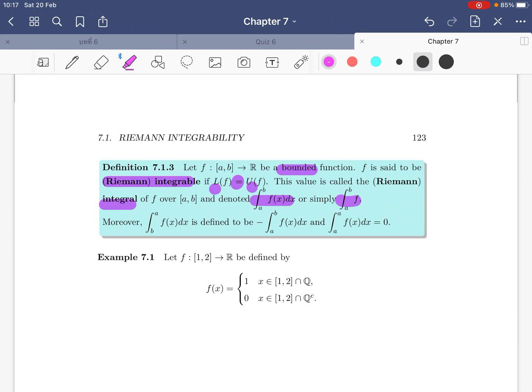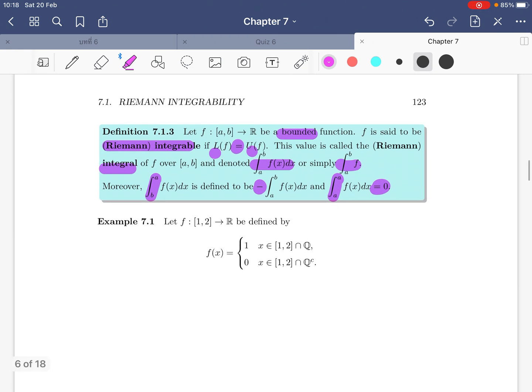Moreover, the integration from b to a is defined to be the negative of the integration from a to b of the function f. So if you switch the order of integration, you just insert the negative in front of it. And of course, if you find the integration from a to a of a function f, it will equal 0.